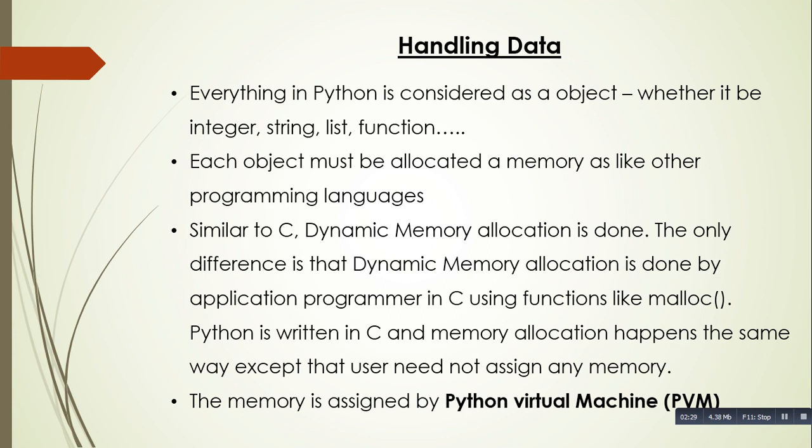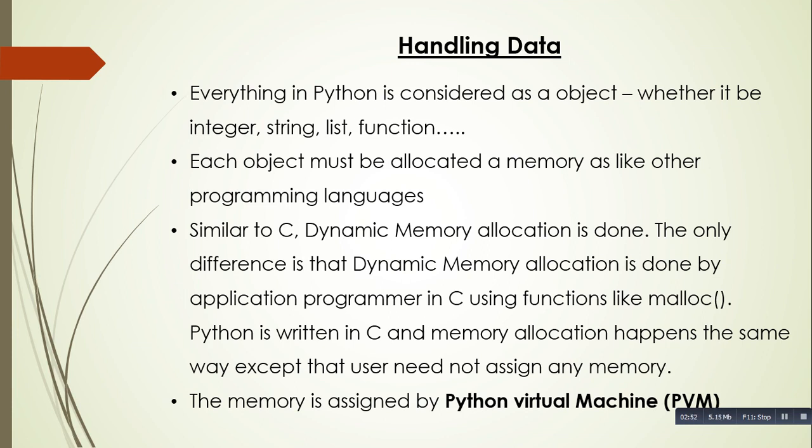Now we know in C that memory is allocated dynamically. During this dynamic allocation, we use methods like malloc to allocate the memory and free to free the memory. Now how is it done in Python?